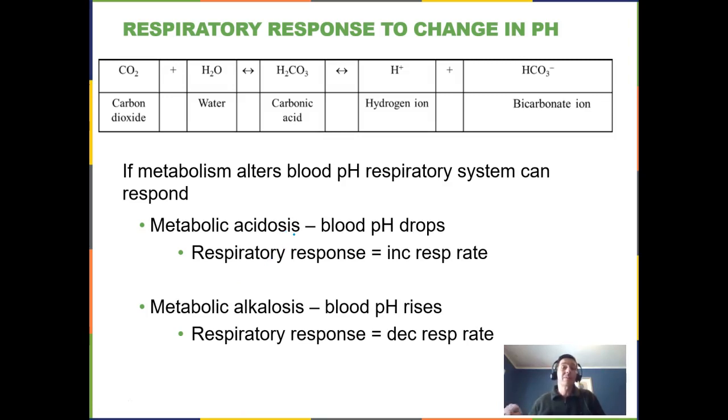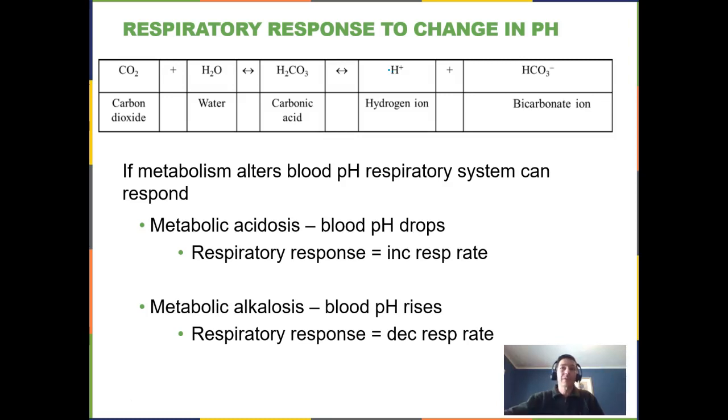Your metabolism, for one reason or another, starts to acidify your bloodstream. So your body is dumping acids into your bloodstream. Your pH is going down. So if your pH is going down, that means you have an excess of hydrogen ions.